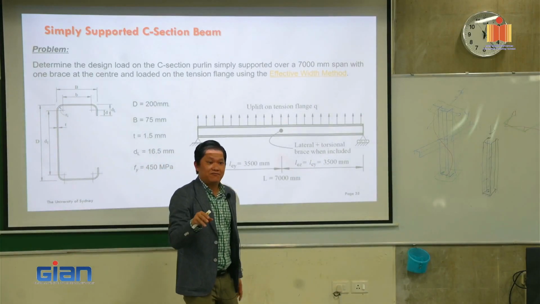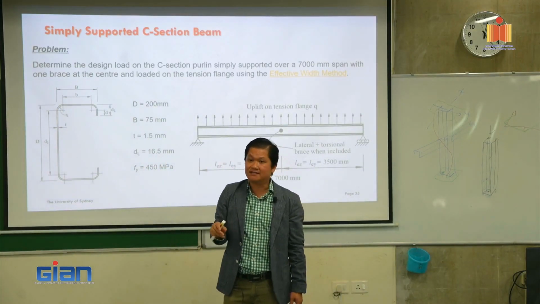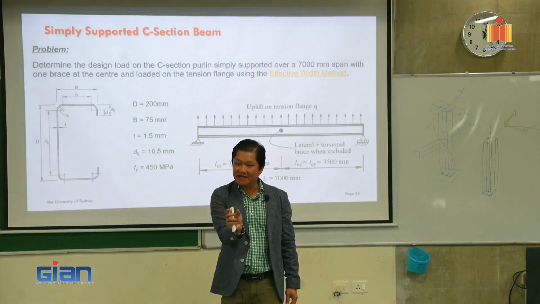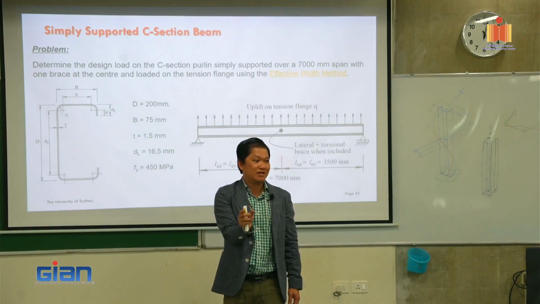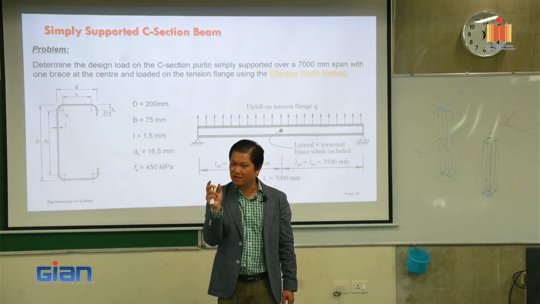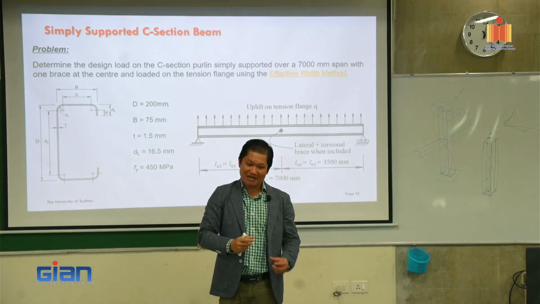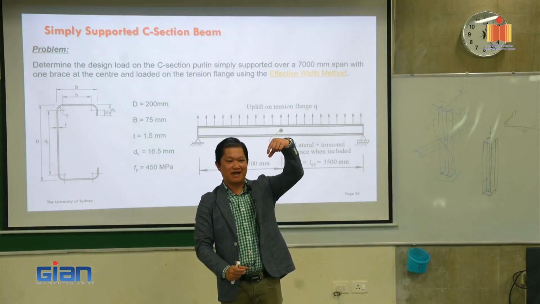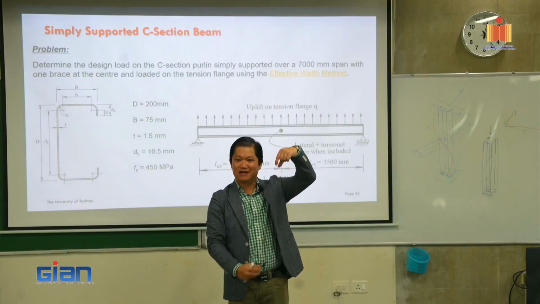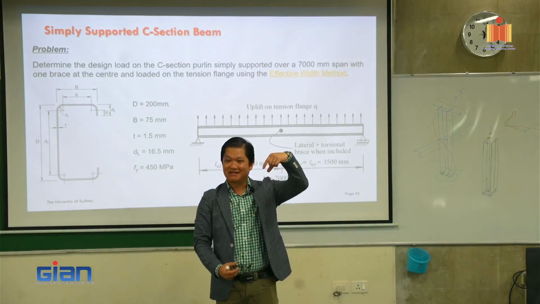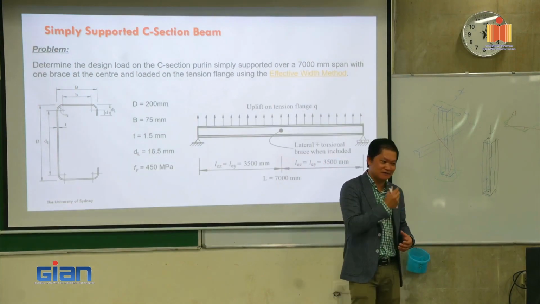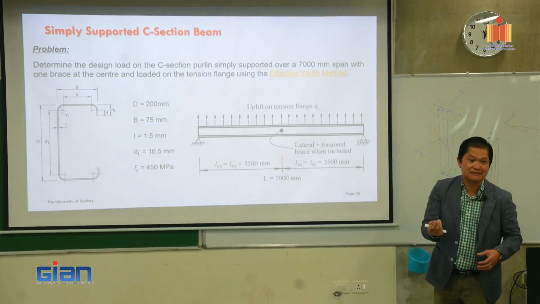I shared with you before yesterday. In the US, they actually make it a little bit narrower. So normally the flange is very narrow. It's about 20%. Some sections are only 15%. So they maximize the capacity because the more the area away from the neutral axis, the better the bending. But then there's a lot of problems with twisting and all that sort of thing. But that's how they make the section in the US.